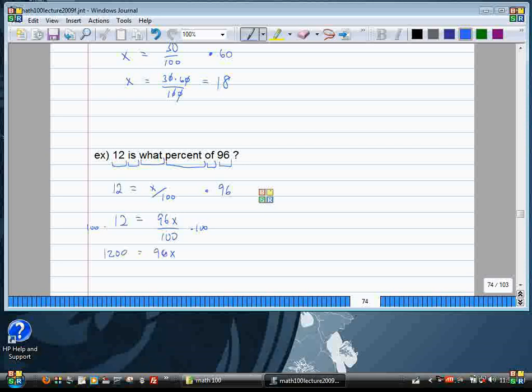Okay, so now what do we do? Right. Now we divide by 96 on both sides. And what is that? Okay. So there you go.